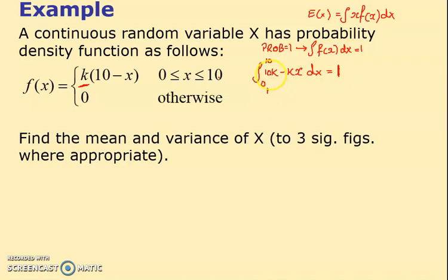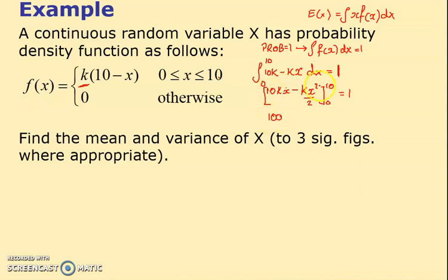Anyway, let's add a power, divide by power. There was no x's at all there, so it just becomes 10kx. And this has got an x, it becomes kx squared divided by 2. Add a power divided by the power. 0 to 10 equals 1. Well, I better put 10 in. That gives me 100k.